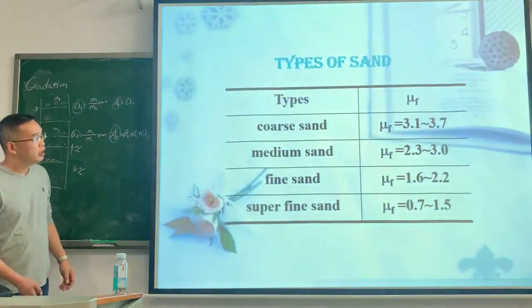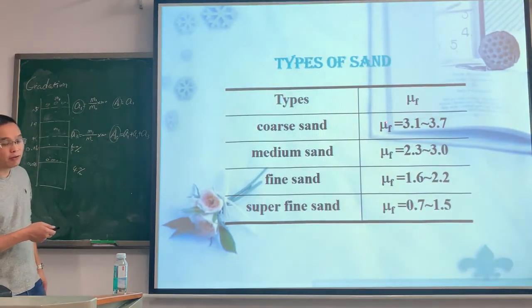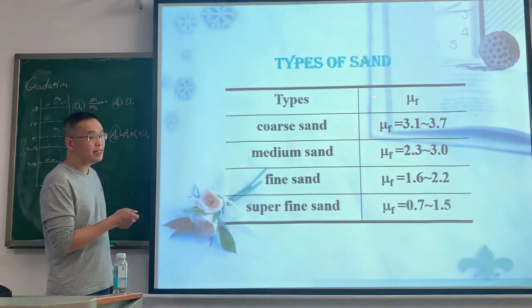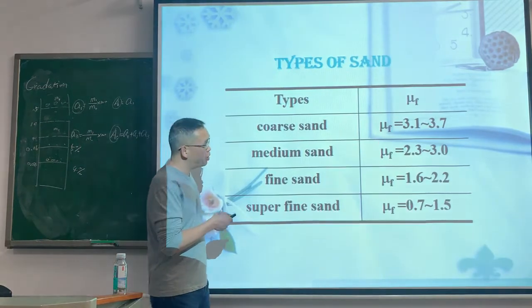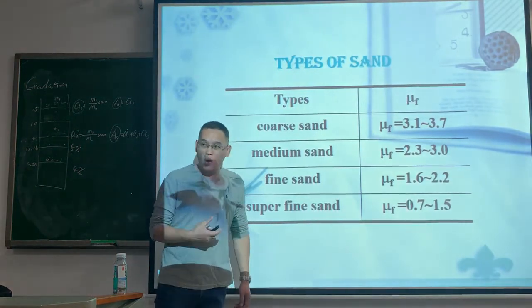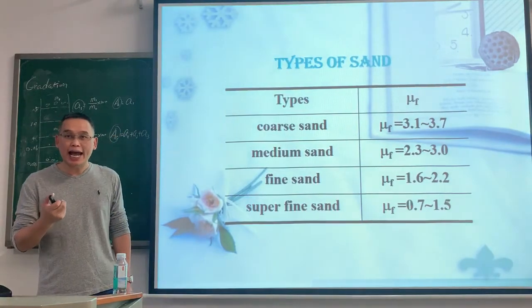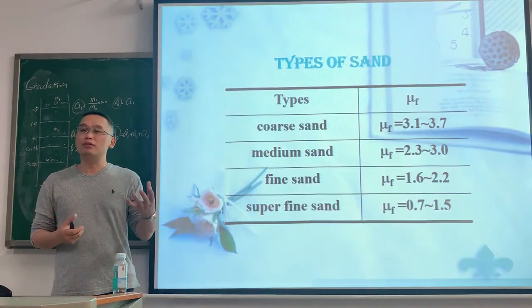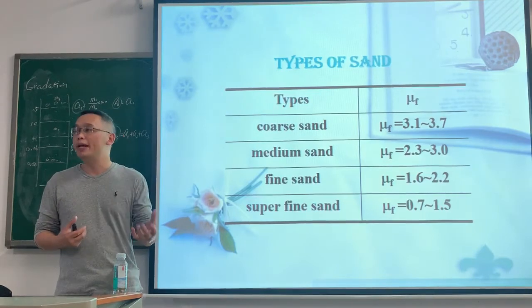For different values of the fineness modulus, we can find different types of sand. If the fineness modulus is between 3.1 to 3.7, we call this sand coarse sand. Coarse sand means that the size of this sand or fine aggregate is big.